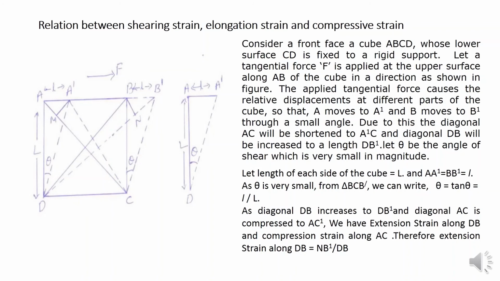As diagonal DB increases to DB dash and diagonal AC is compressed to A dash C, we have extension strain along DB and compression strain along AC. Therefore, extension strain along DB is equal to NB dash divided by DB.